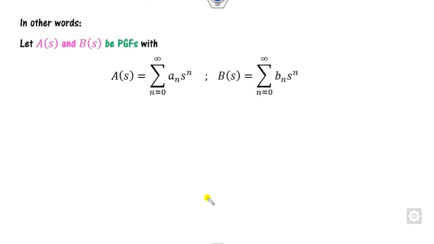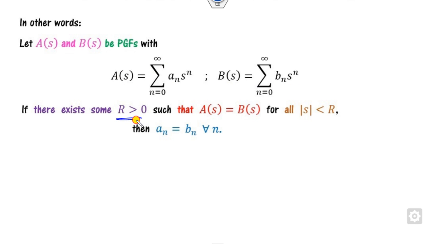What is the meaning of that? It means if you have two different power series A and B which have a common radius of convergence R greater than 0, however small, and A of s and B of s are the same, then the coefficients, that is the generating sequences, are always the same.